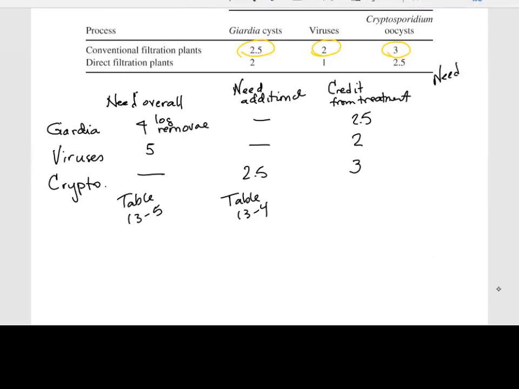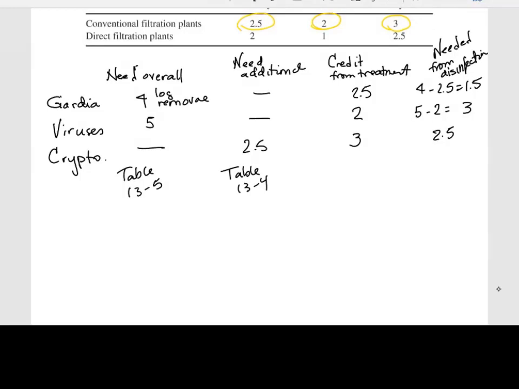So from disinfection, we need 1.5 log removal for Giardia. We need 3 log removal for viruses and 2.5 for crypto. And that's because this is the additional we need.